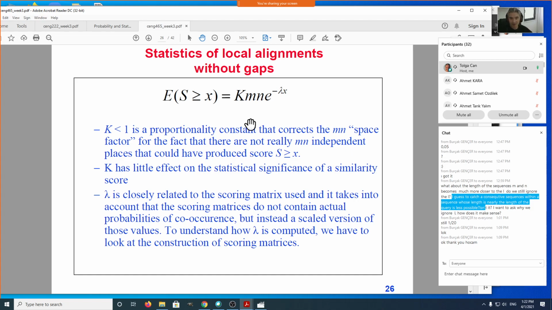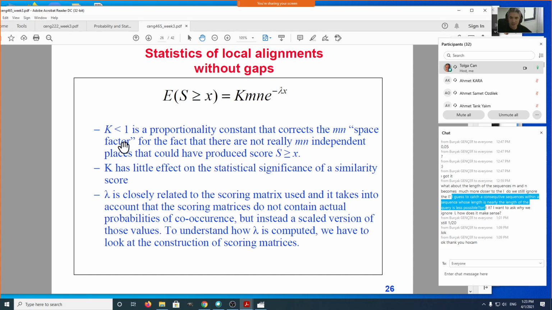You may argue that this can't be a constant number, because L is going to be different in every alignment. This is heuristic; maybe they also found some optimal experimental result to make this correction. So this proportionality constant is again determined by some heuristics.